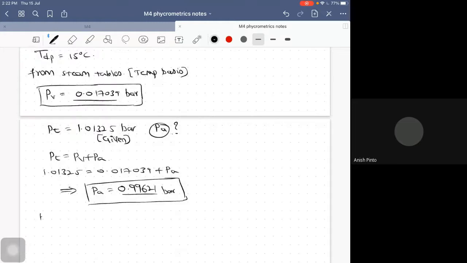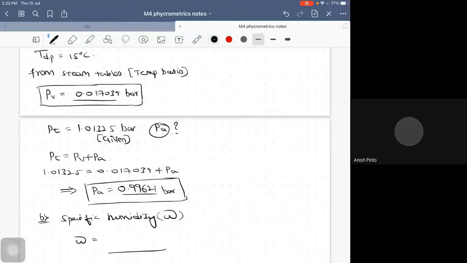Do you know any formula so that I can calculate the value of specific humidity, which is denoted by omega? Do I know any formula through which I can calculate my specific humidity?